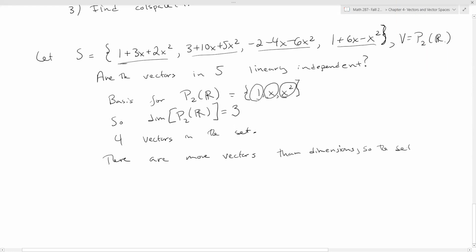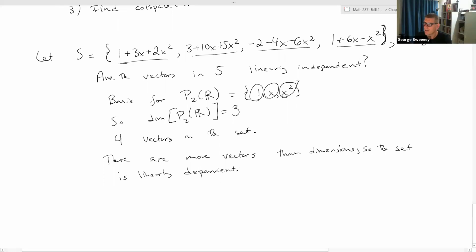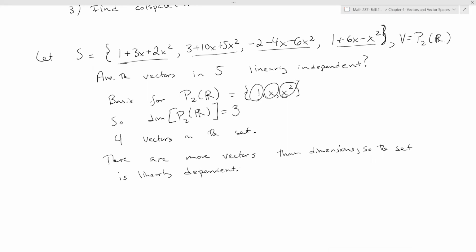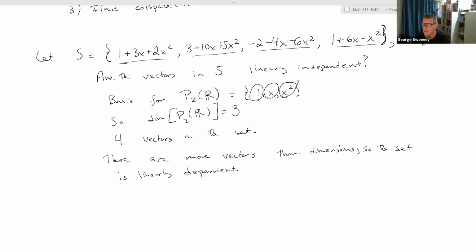Is it because the dimension is 3 and the number of vectors is 4? Yeah. In fact, this is identical to having 4 vectors in R3.